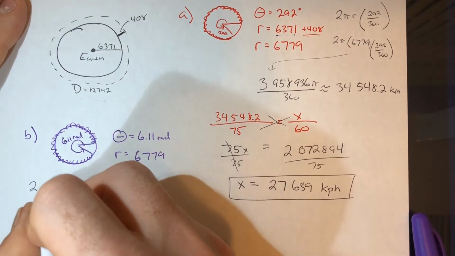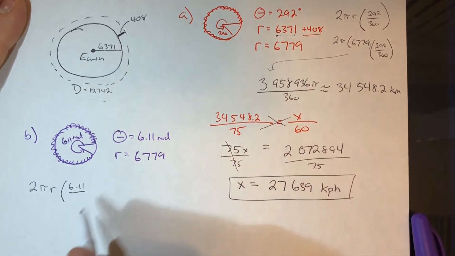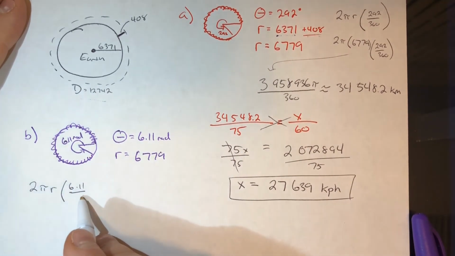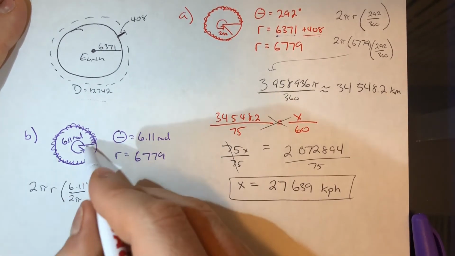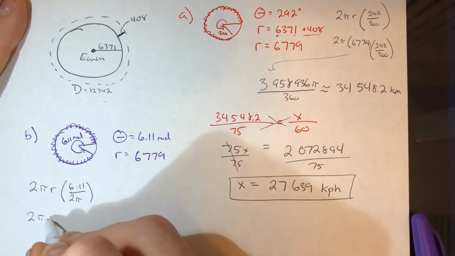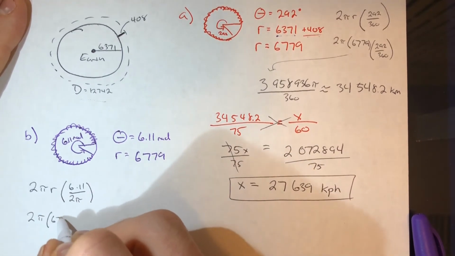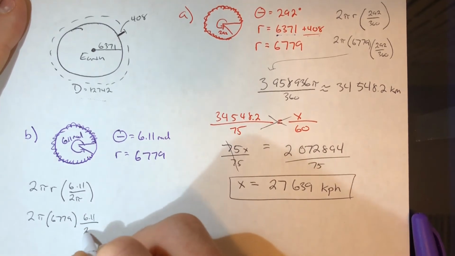So we'll get 2 pi r times 6.11. Now, are we dividing by 360? No, we're going to be dividing by 2 pi this time, because if we remember, a full circle in radians is 2 pi. So we get 2 pi times 6,779 times 6.11 over 2 pi.